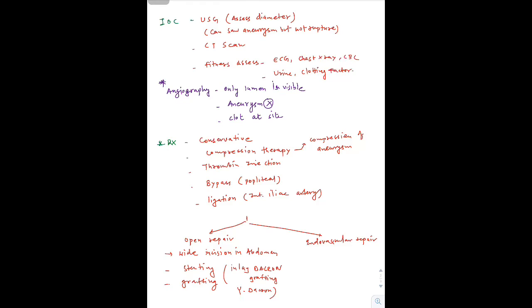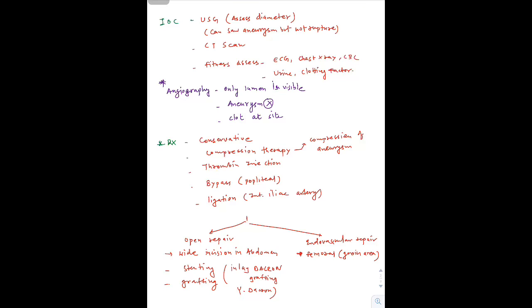In endovascular repair, basically we go through the femoral arteries, both femoral arteries or groin areas, to the affected part, and we will keep some stent and some graft over there. We won't do any big incision like we did in the open repair.